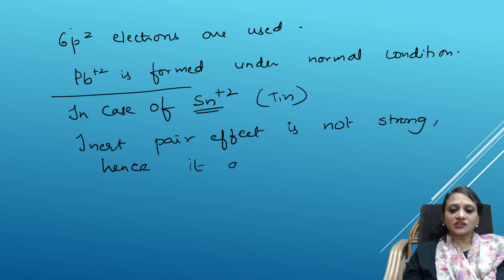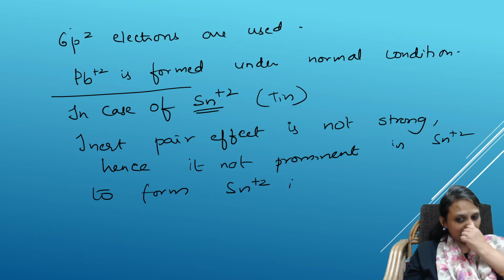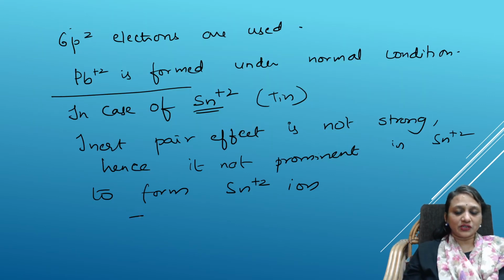That means, the question given to me is: why is Pb +2 more stable than Sn +2? Pb +2 is more stable than Sn +2.